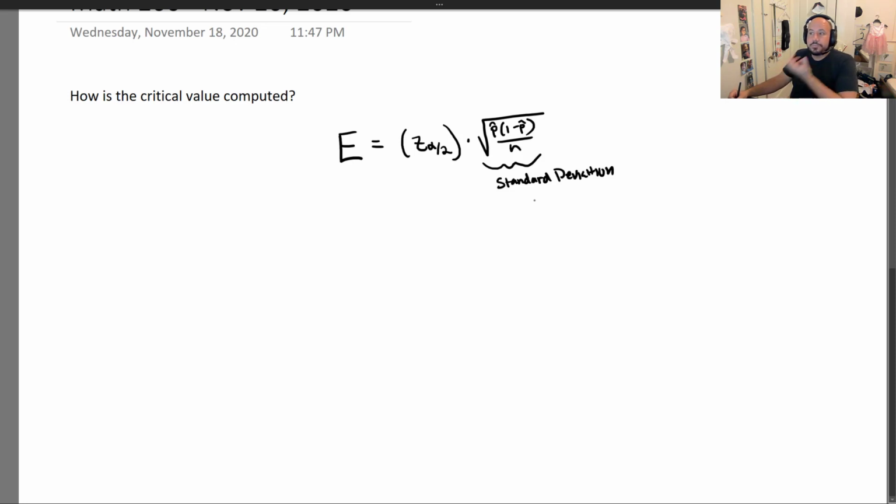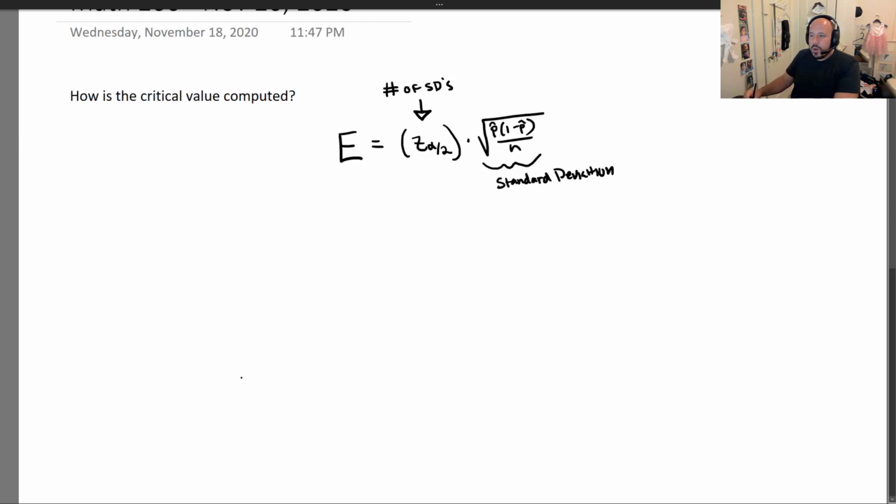This is really just a type of standard deviation when we look at all of our samples. What this z value, or this critical number, is, really is a z-score. And that z-score basically is telling us how many SDs I have to go out to trap or capture that percentage of the population.